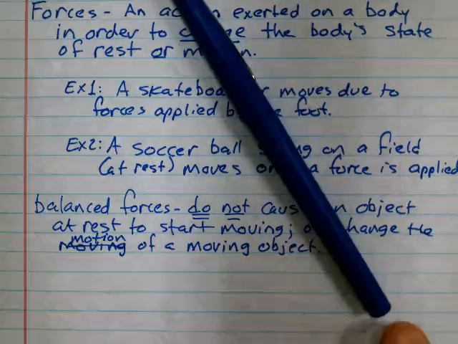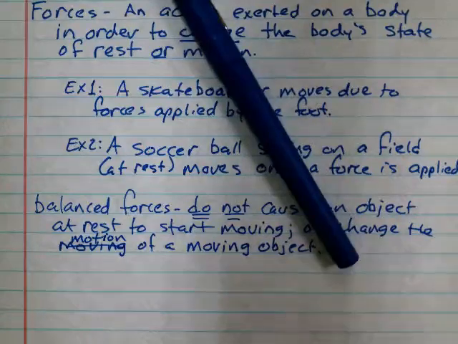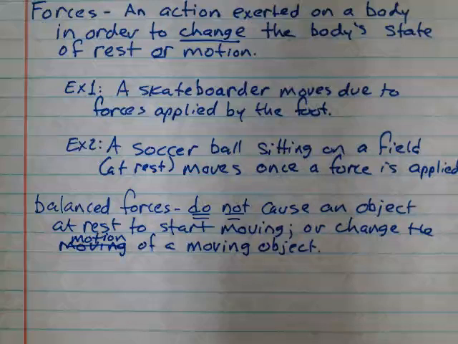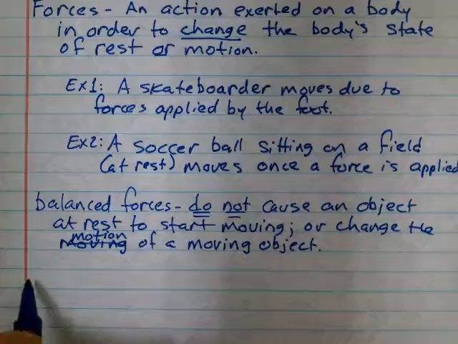But as soon as I apply a force, of course, something happens. And if an object's flying through the air, some force has to act on it in order for it to not fly through the air. So if you've ever been to a baseball game, the batter hits the ball, it's flying through the air, an unbalanced force, typically a mitt, stops the ball, and so that is an unbalanced force. So let's go on to unbalanced forces.